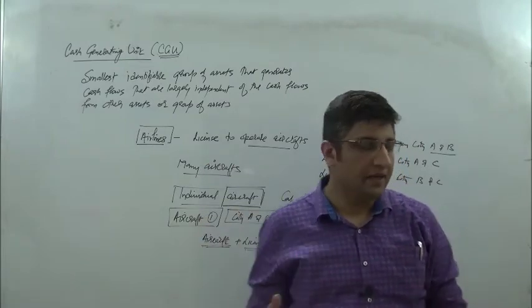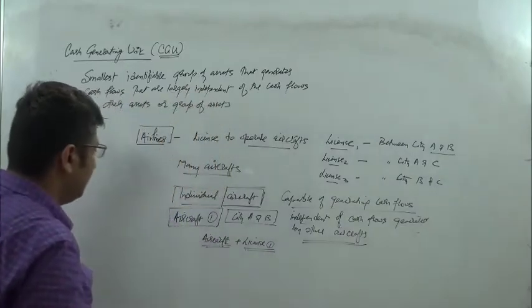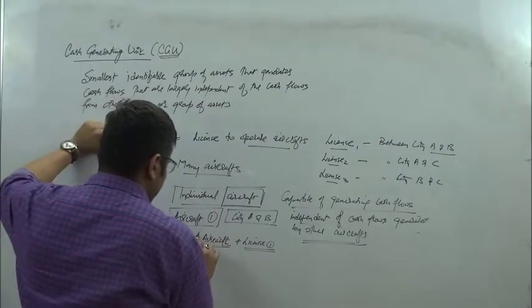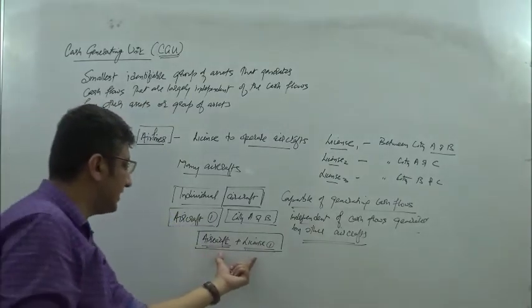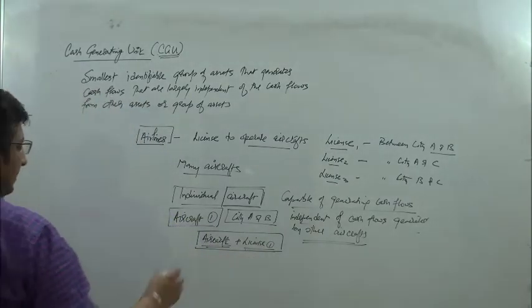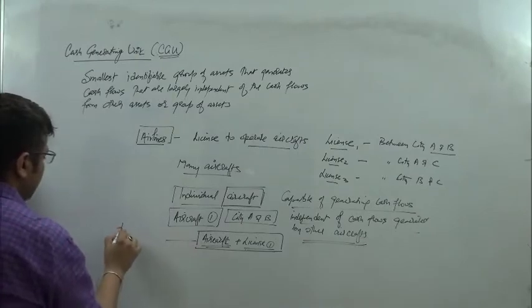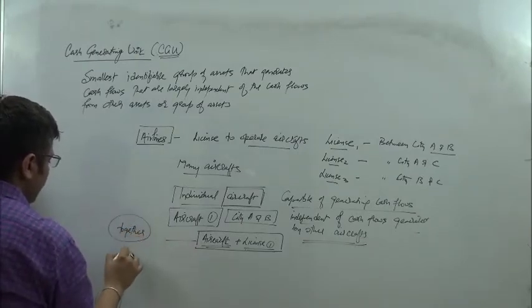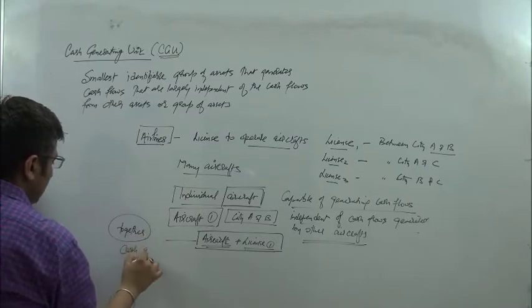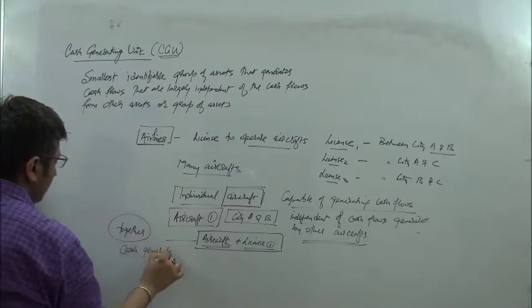So what we are saying here is that in this scenario, the aircraft and license together are essential to be able to generate cash.